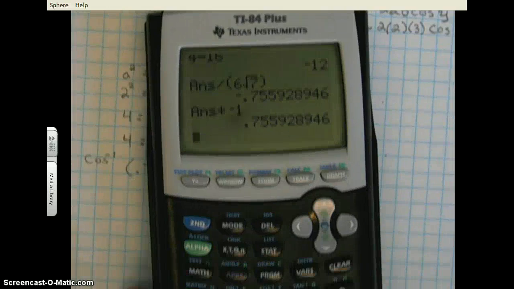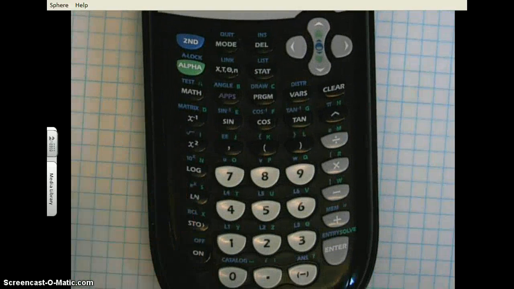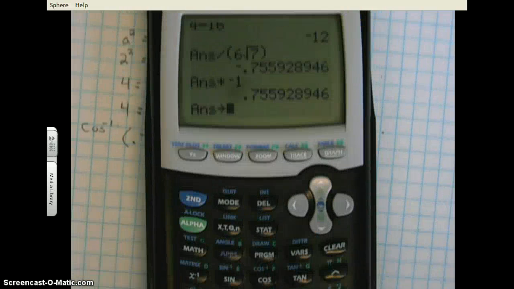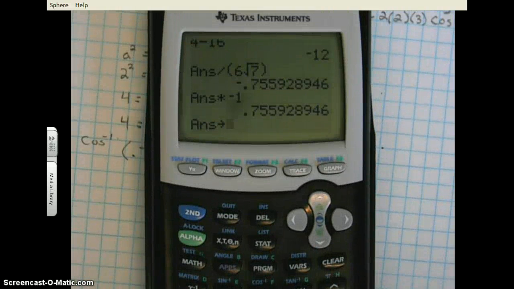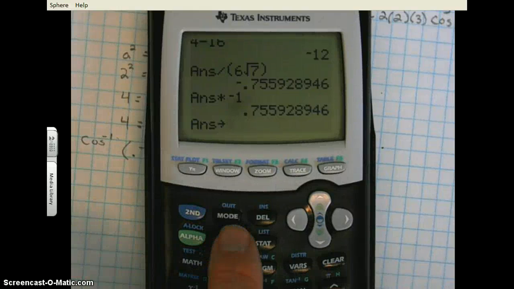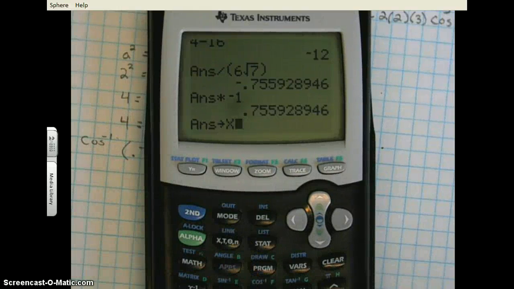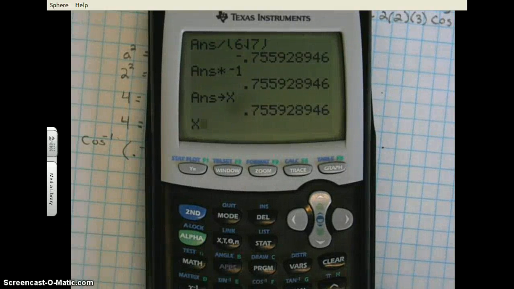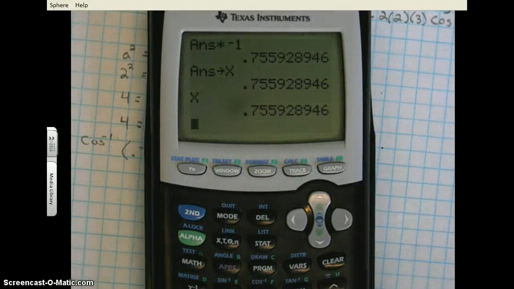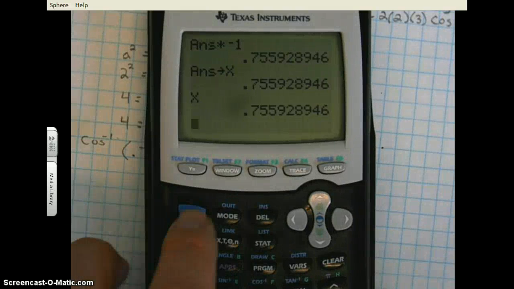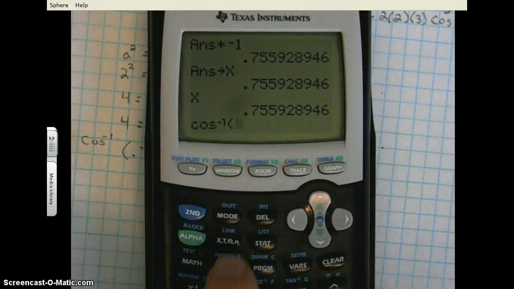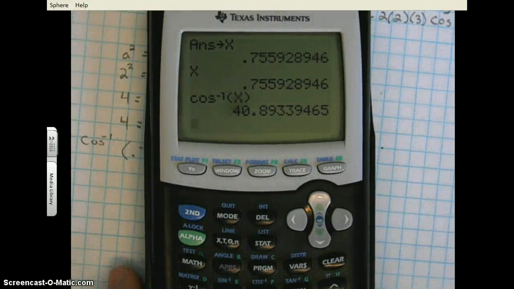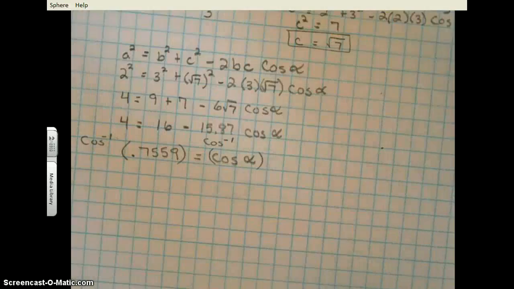This time I'm just going to go ahead and store it. Press store, answer, and I'm going to put in for x. So that number is now stored in x. If I press x and enter, it gives me that number. So I'm going to do the inverse cosine of x. And so that angle comes out to 40.9 degrees.